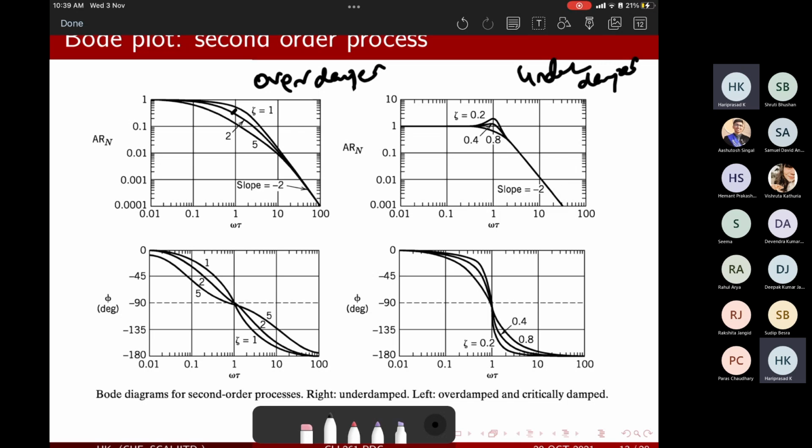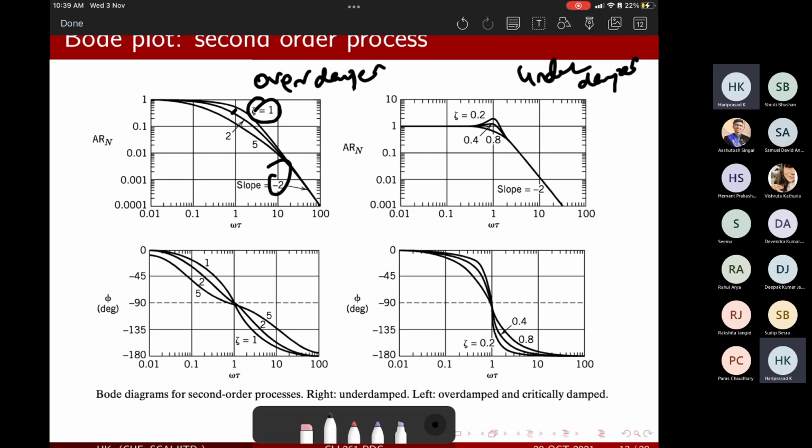For different values of zeta, you get different responses. You can compute the slope also by substituting your value of omega close to infinity and isolating the variable. This is how the slope comes in.